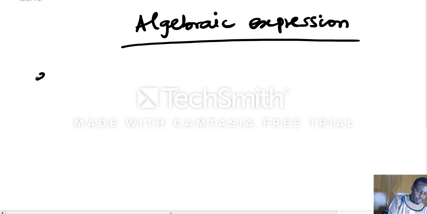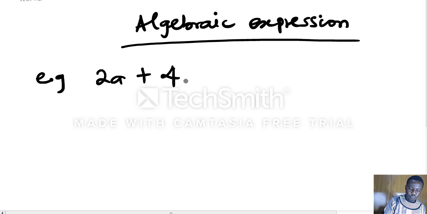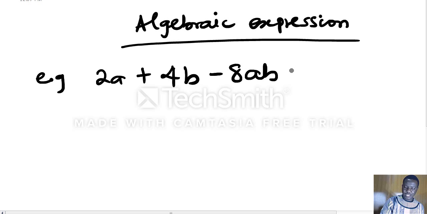For example, 2a plus 4b minus 8ab plus 16xyz.